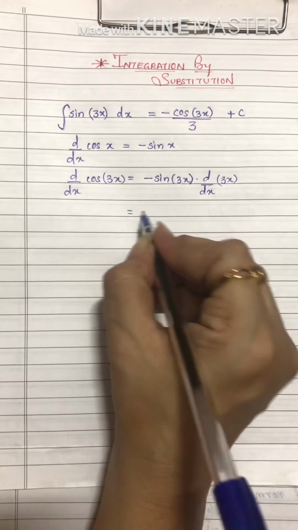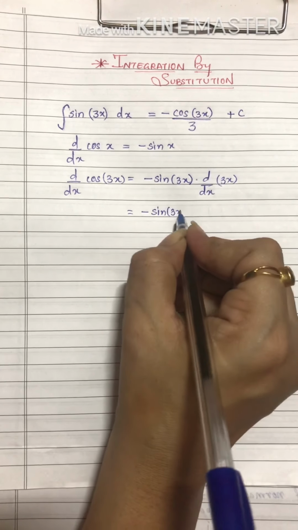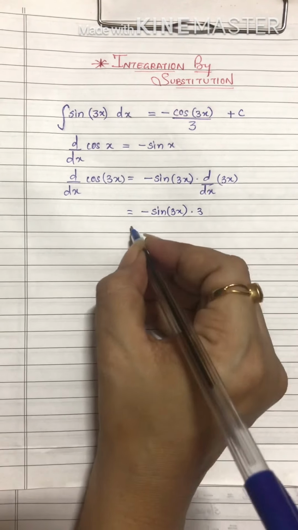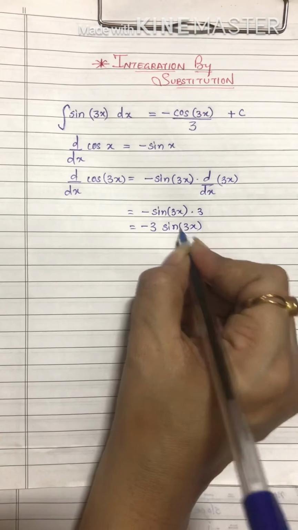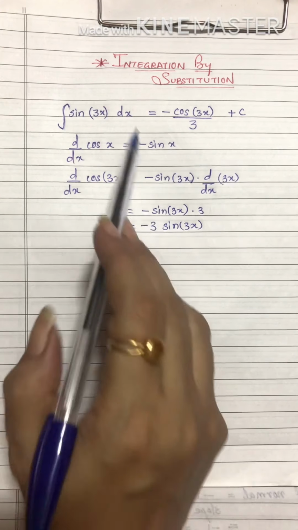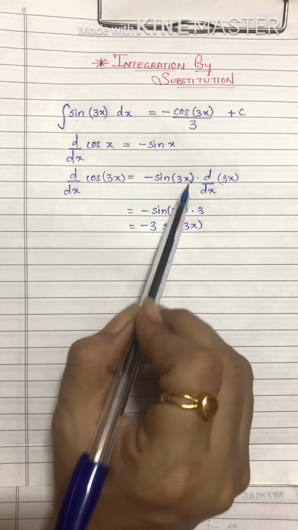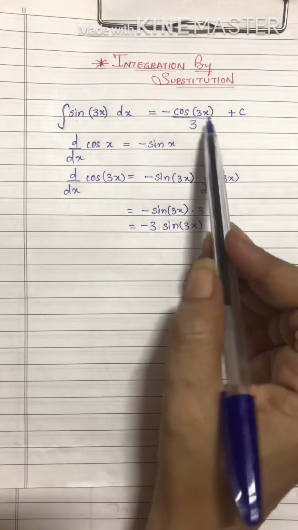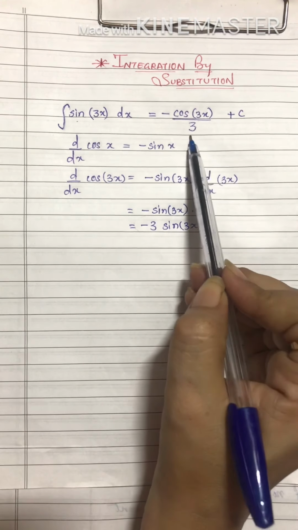So that gives us minus sin 3x into 3, that is d by dx of 3x, we get 3. So our final answer becomes minus 3 sin 3x. So when we take integration of this part, we will get whatever differentiation we get for the angle that we take in division.